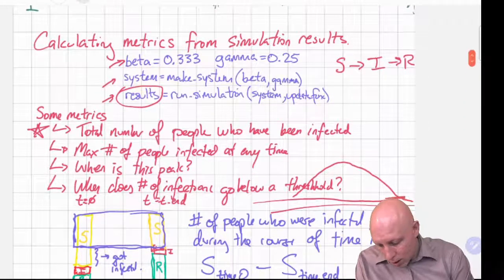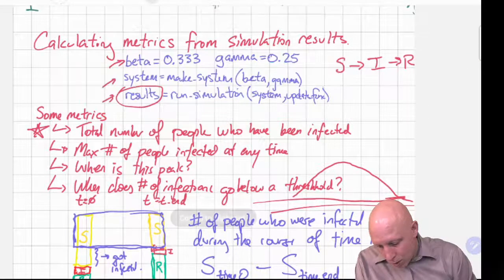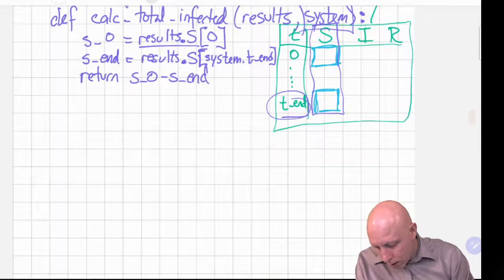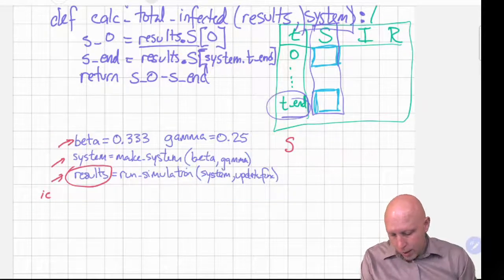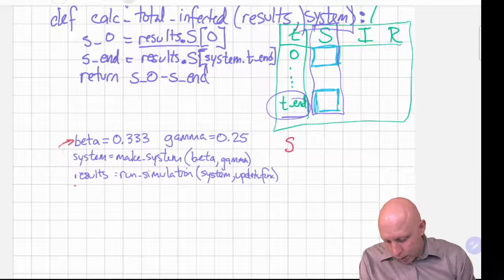So let me just bring this down. Copy. And so this is our code that we really like because it does everything we want it to do. It runs the simulation, and now what we're going to do is collect our metric.